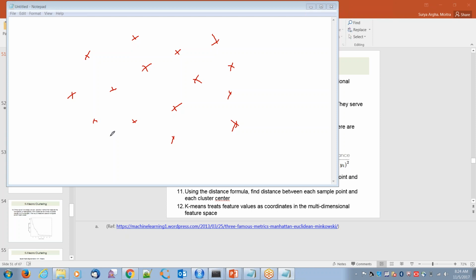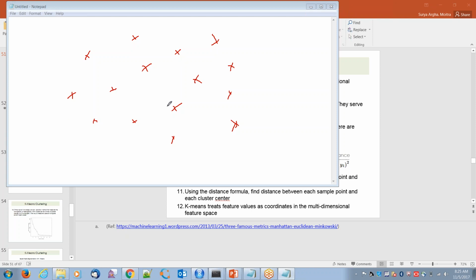In bottom up or agglomerative, the concept is that initially we consider all the data points as individual clusters. If I have, let's say, 1000 data points, I have 1000 clusters.